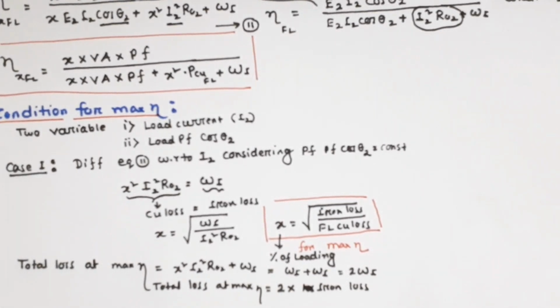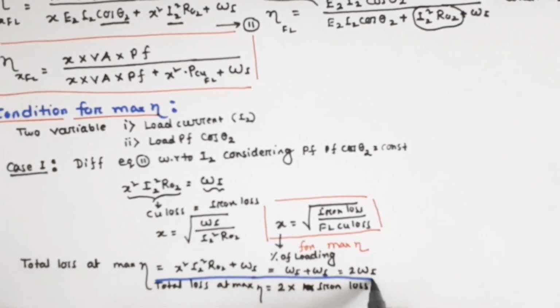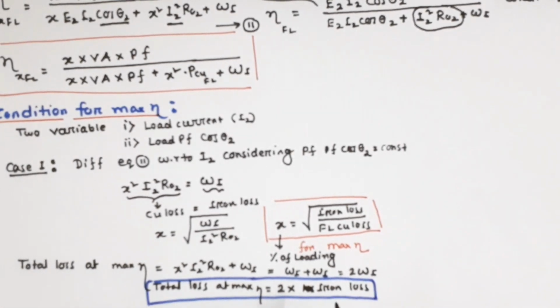This is again one of the important relations for finding out iron loss at maximum efficiency.